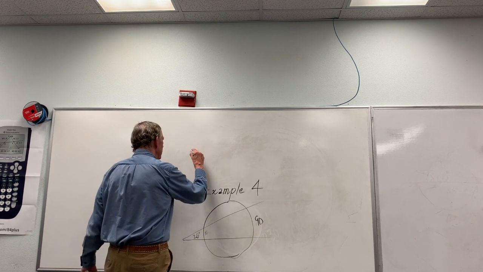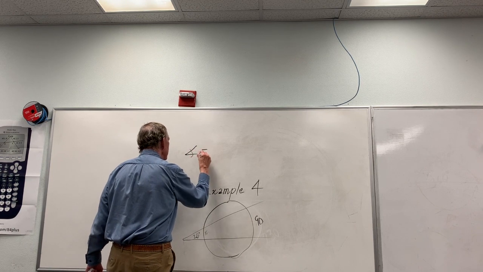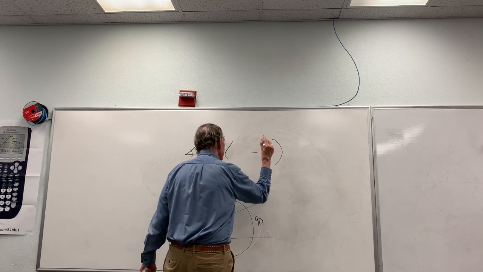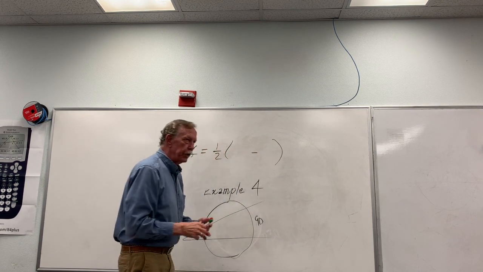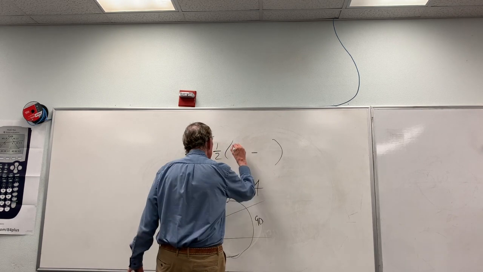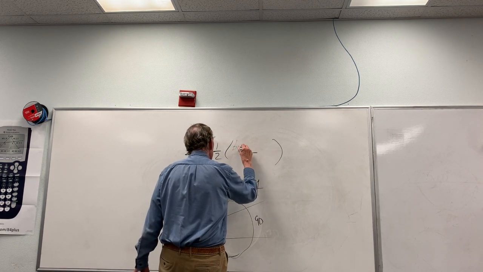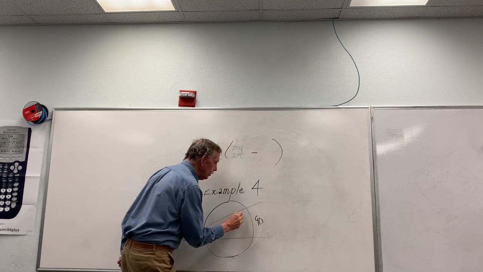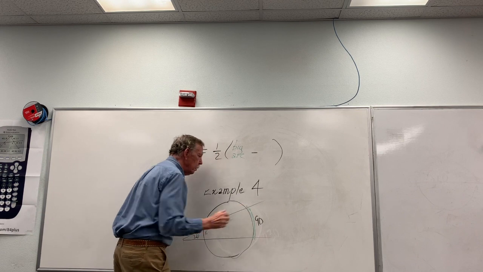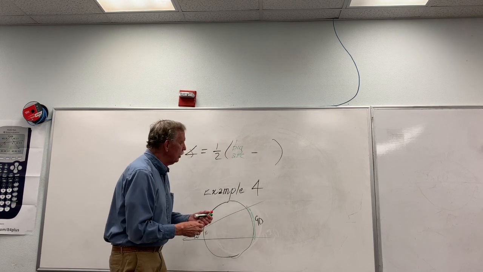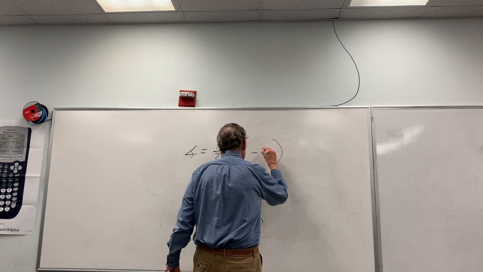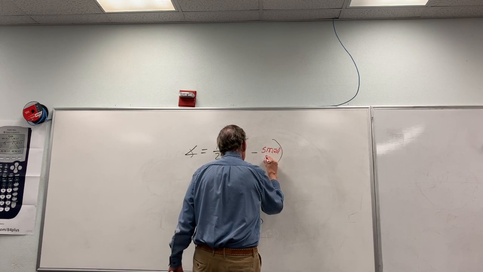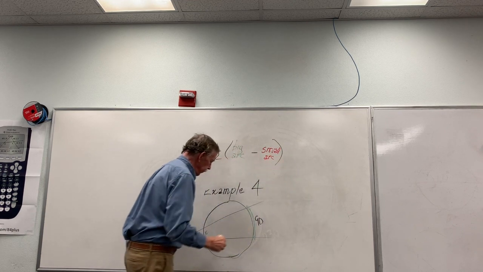Use the formula. The angle is 1/2 of the difference between the big arc, that would be this one, and the small arc. That would be this one.